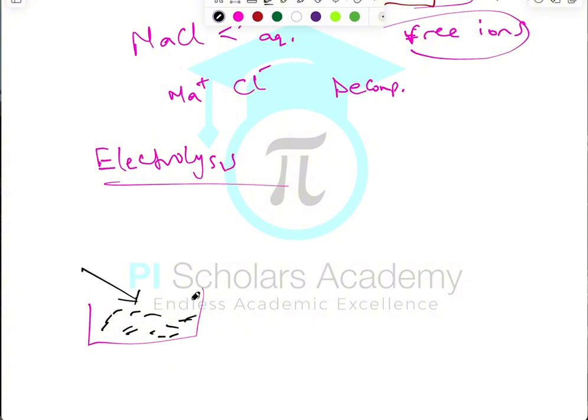Once you supply current to it, it will get decomposed and a lot of things will happen. So electrolysis is just the process through which electrolytes get decomposed based on the passage of current. That's basically what electrolysis is.